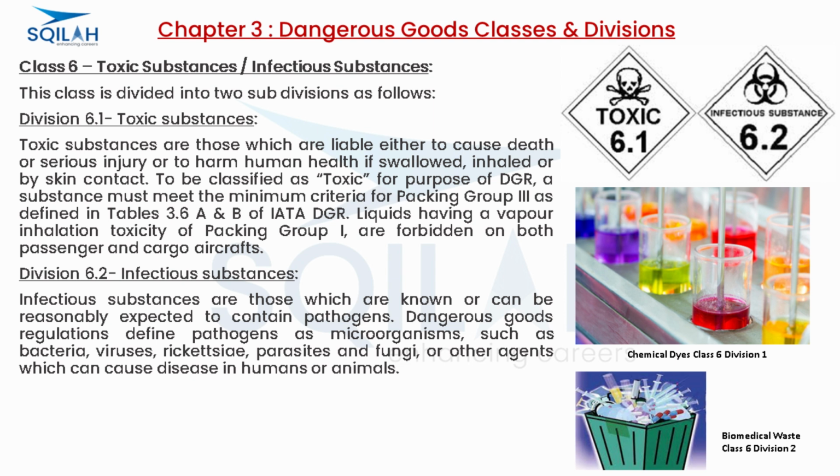Infectious substances are those which are known or can be reasonably expected to contain pathogens. The Dangerous Goods Regulations define pathogens as microorganisms, such as bacteria, viruses, rickettsia, parasites, and fungi, or other agents which can cause disease in humans or animals.